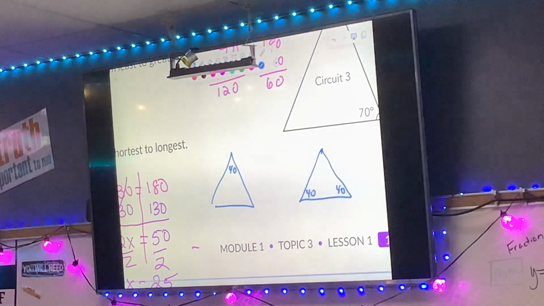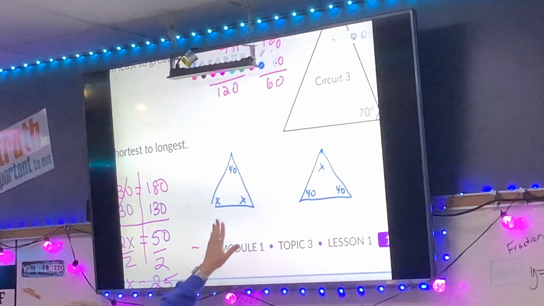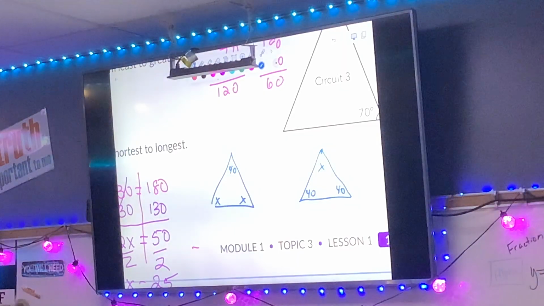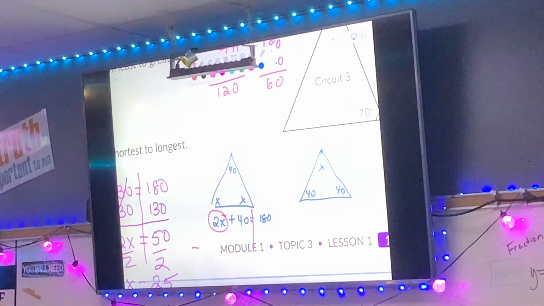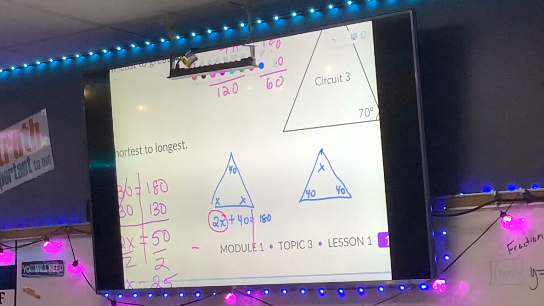Okay. So now let's figure out what our answers could be. Let's pretend I just see this triangle. Wouldn't it be just like the one we just did? I have two x's plus 40, not 80, equals 180. What's the opposite of 40?